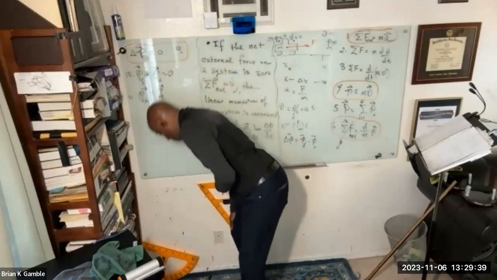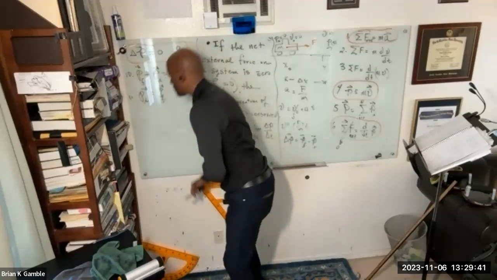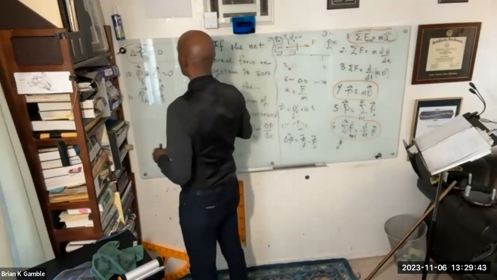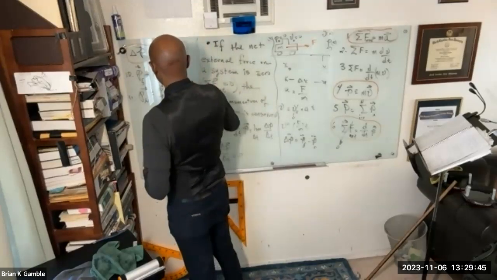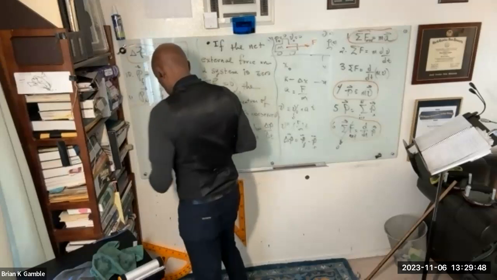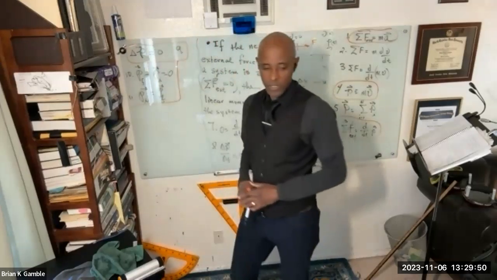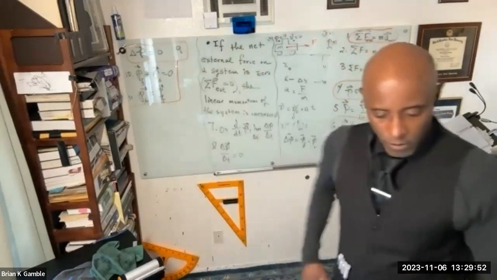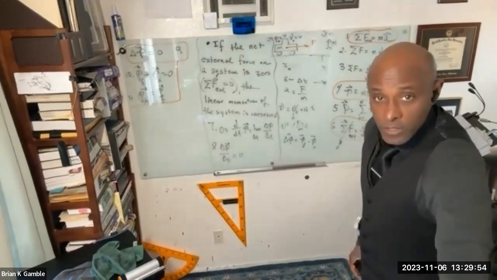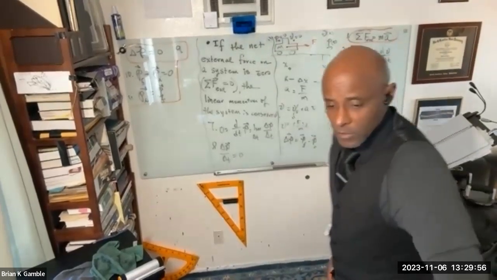All of these statements, equations 9 through 10, are valid equations for conservation of linear momentum. So it's the second of the conservation theorems that we've discussed.